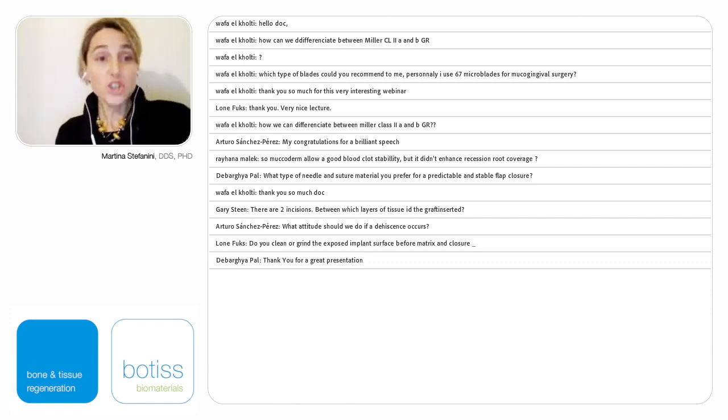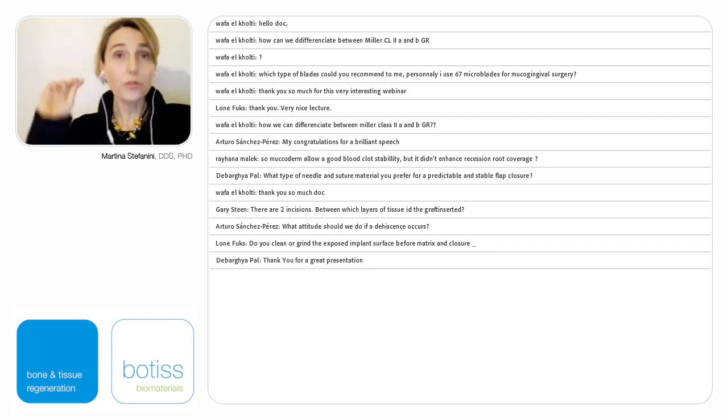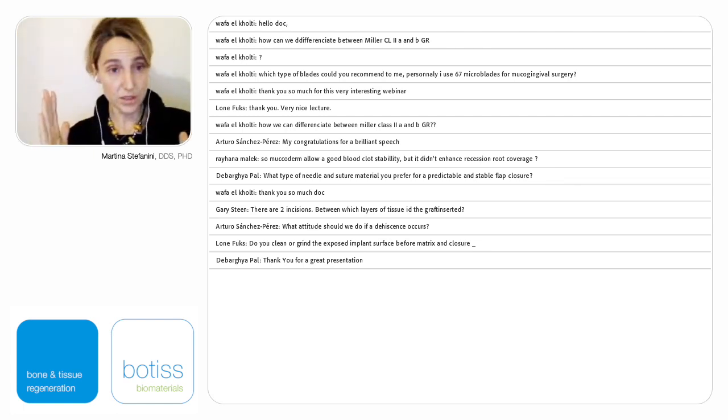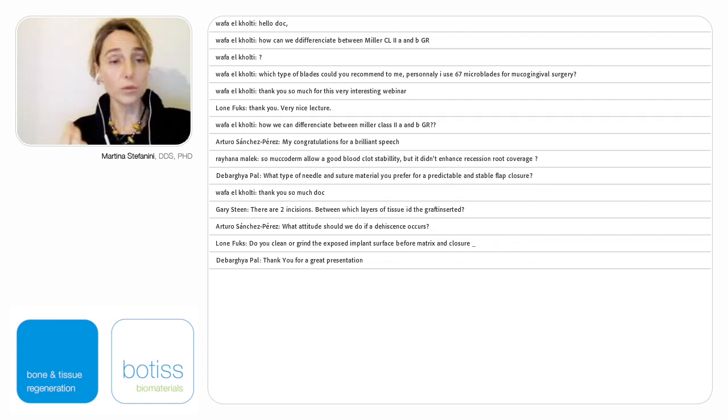I use PGA suture, and I use 7-0 PGA suture to fix the matrix and to close the vertical releasing incision in the treatment of single gingival recession, while for the sling suture I use the 6-0 PGA, and I always remove the suture after 2 weeks, despite PGA being resorbable.